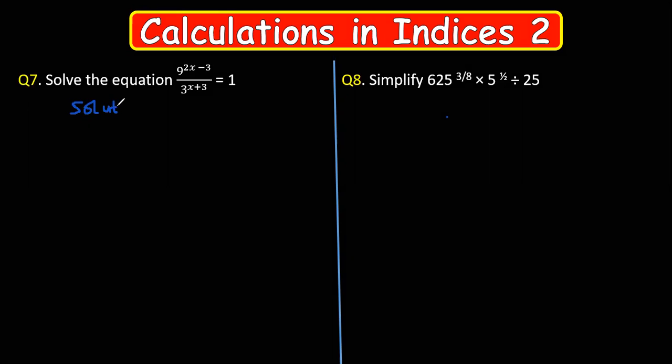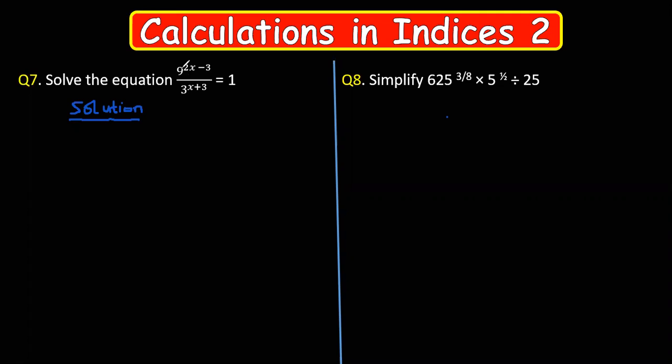I love to write this solution. When you look at this equation, we are going to cross multiply first. That is the first thing to do. So this is 1, so this is like over 1.